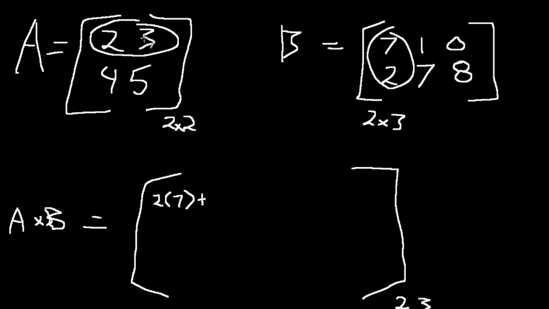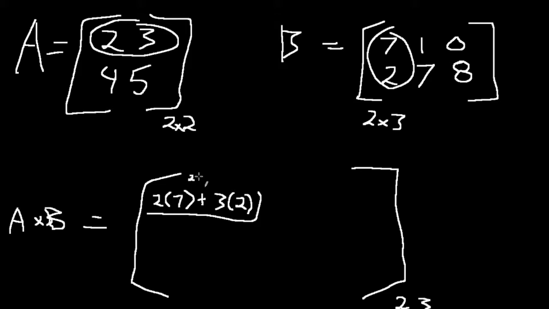So next it's going to be 3 times 2. I guess I could write it kind of like the other one. This parentheses just means we're multiplying by it. So that is going to be the result of the first element there. It's all of this together, which of course is 14. 2 times 7 is 14, and then plus 3 times 2 is 6. So we'd end up with a 20 in this first element spot.